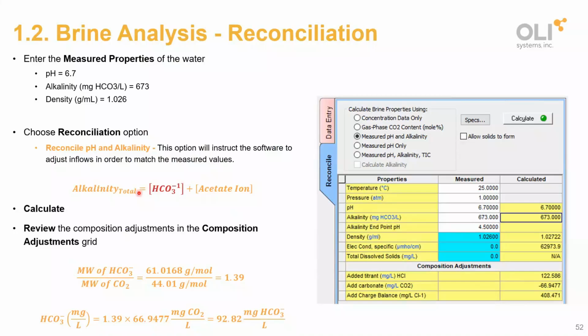So that's what we accomplished by selecting the measured pH and alkalinity value, okay? Because we had this total alkalinity and this concentration of acetate in solution. And these are the calculations that the software does in the background.